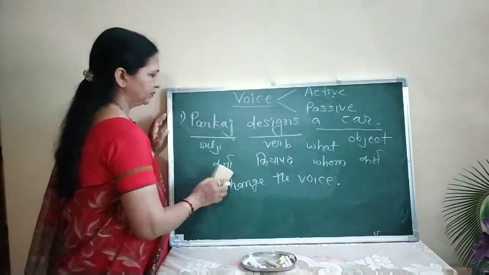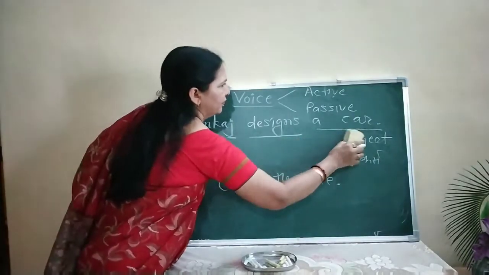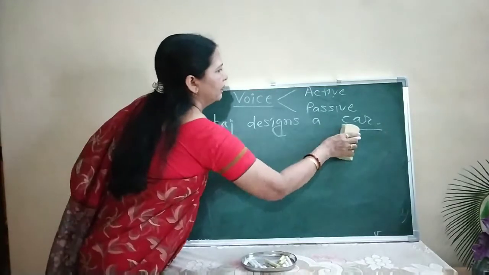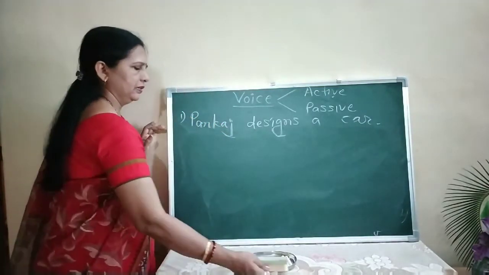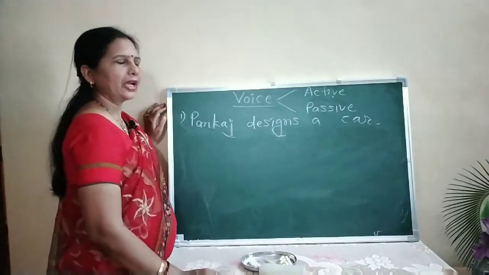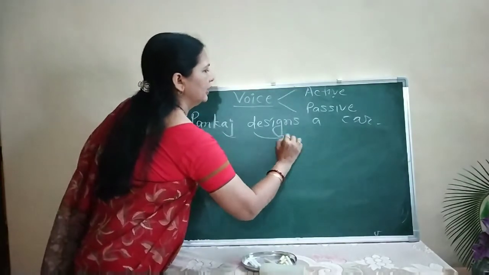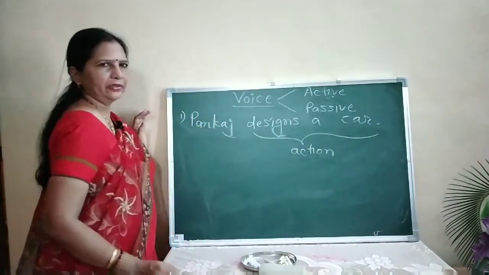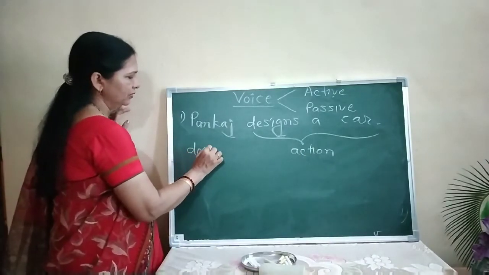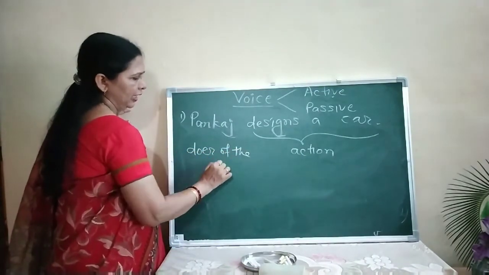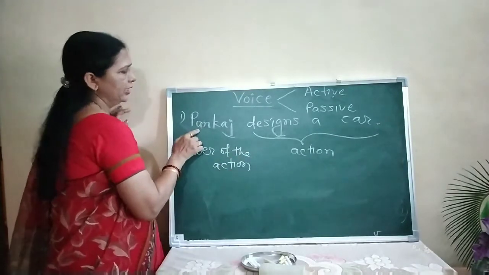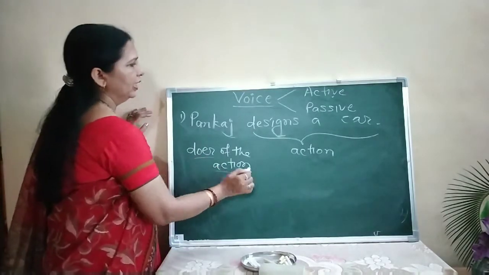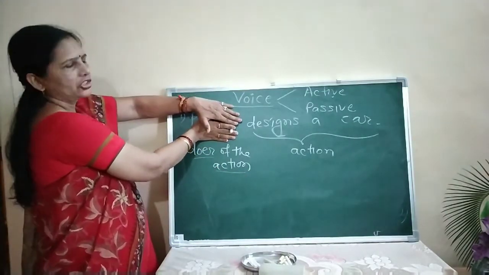So let us see. Here, in this sentence, Pankaj designs a car. What is the action? The action is designing a car. Now, who is the doer of the action? Action करणारा कोण आहे? He is Pankaj. Now, suppose we cancel this doer of the action.